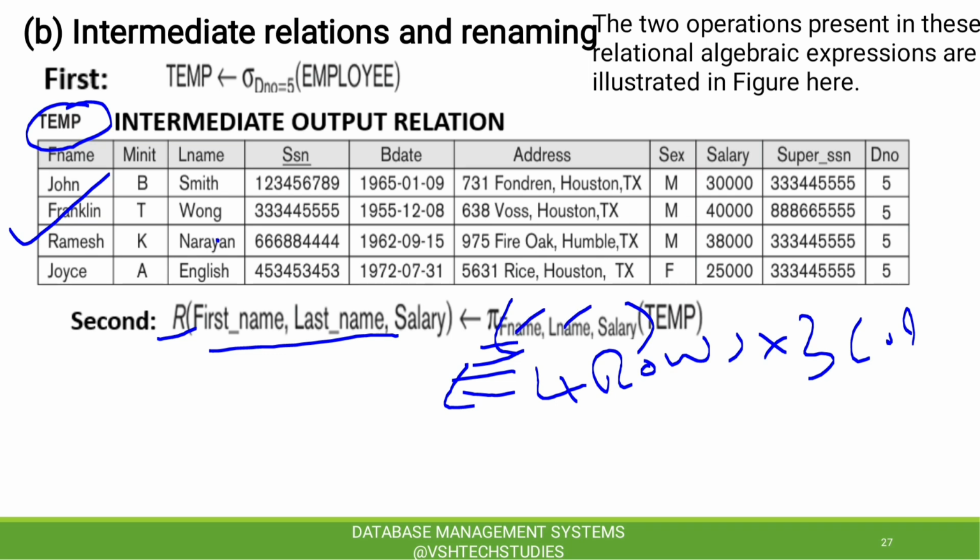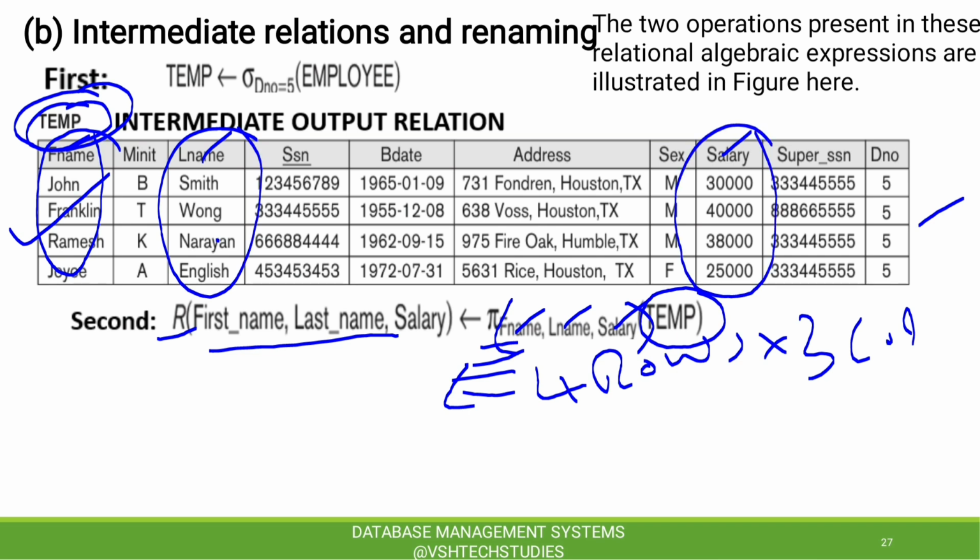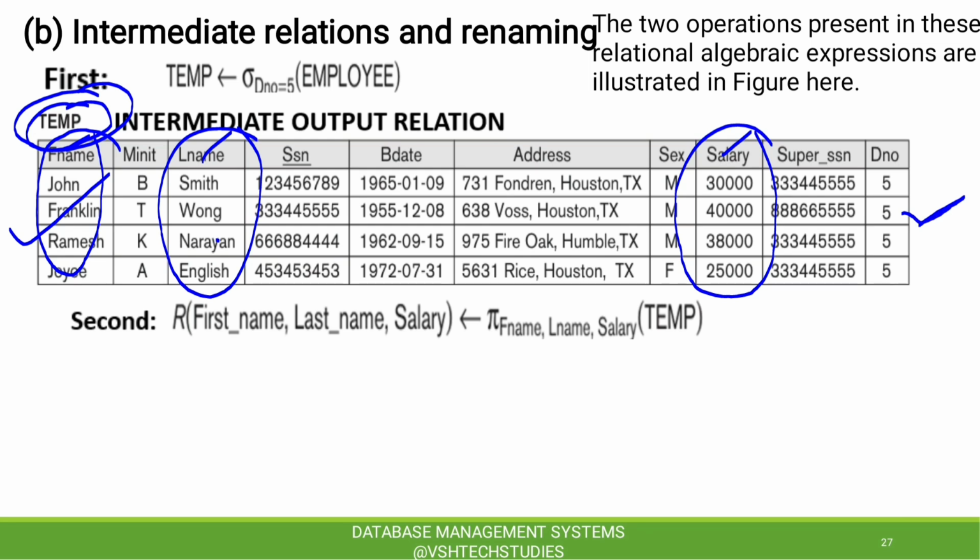F name, L name, salary, that is from temp. So in these 4 rows, only these 3 columns, F name, L name and salary, are taken.